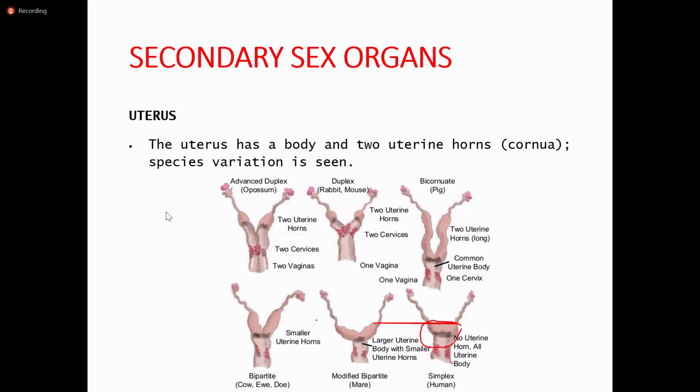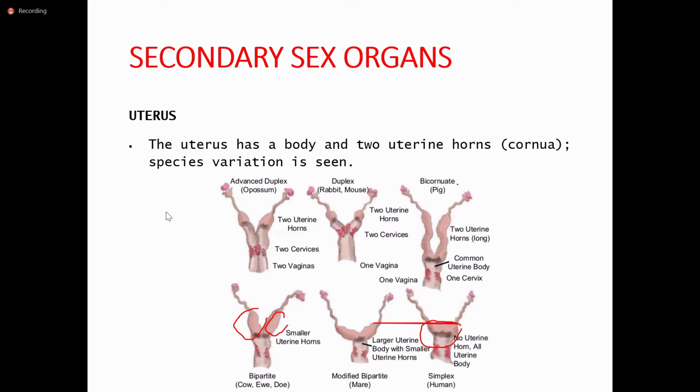If we try to take a look with the uterine horn of this one, merong dalawa pero maliit. Maliit ang uterine horn nila. Bipartite. Example, we have the cattle. Then we have also the modified bipartite, pero parehas lang din sila, like in the mare.